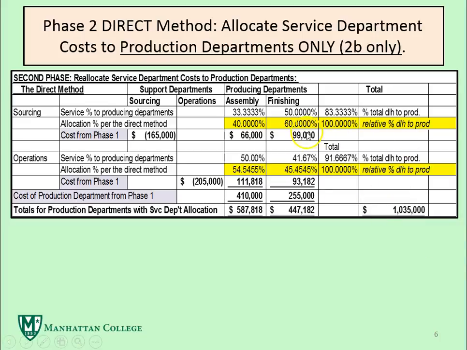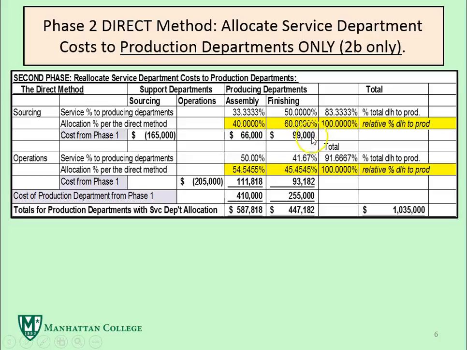The finishing department gets $99,000 of the sourcing cost allocated to it. It uses more sourcing costs relative to the assembly department, and it gets a slightly lesser amount of the cost of the operations department allocated to it, $93,182.